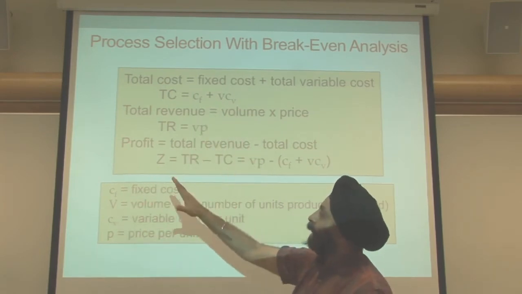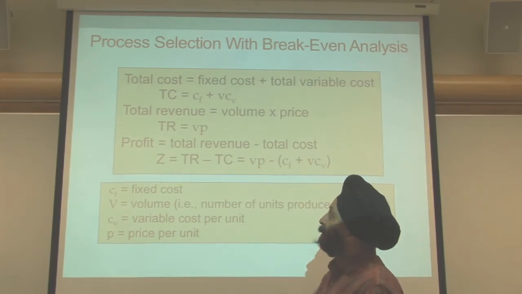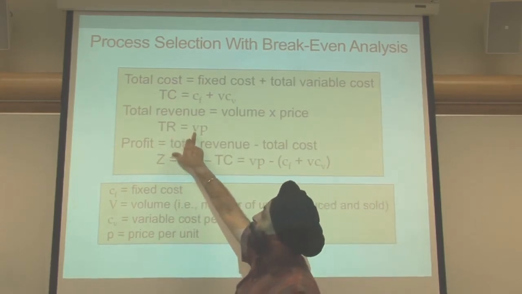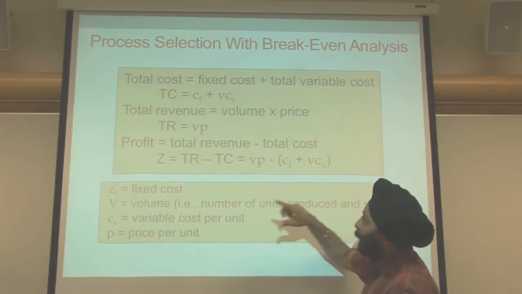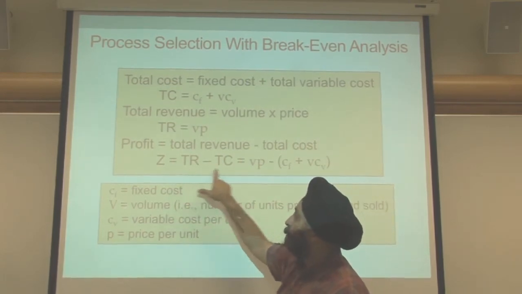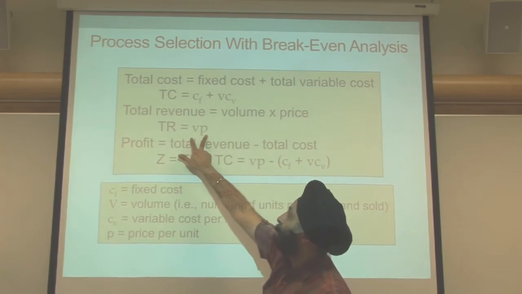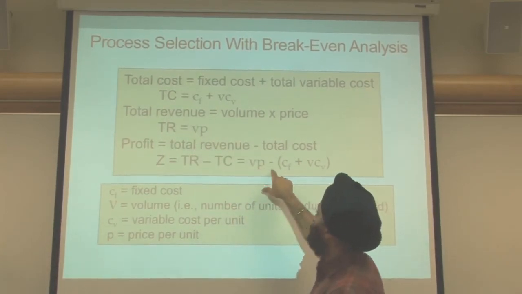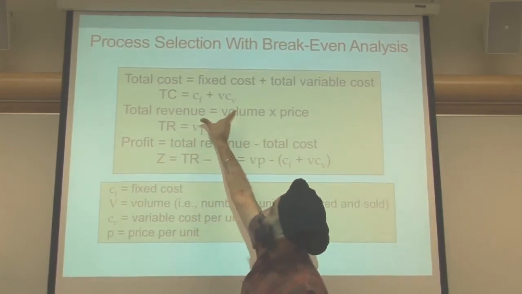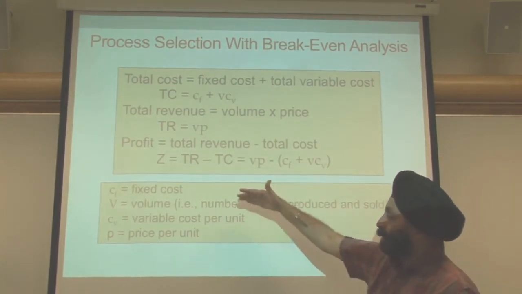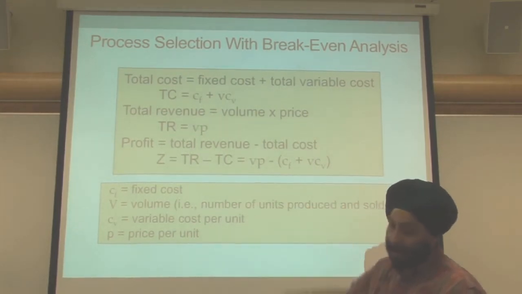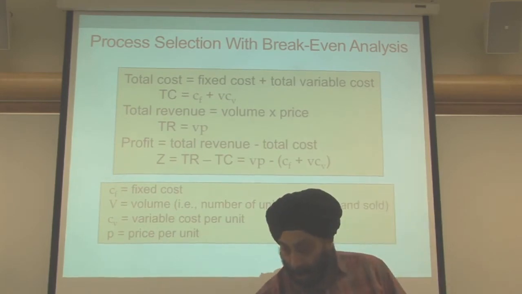And on the other side, the revenue equation: total revenue is volume times price of the product, the selling price of the product. And profit basically is total revenue minus total cost, which is volume times price, the total revenue, minus the total cost portion, which is CF plus VCV. Okay, so those are the numbers that I've already explained, the various symbols over here.